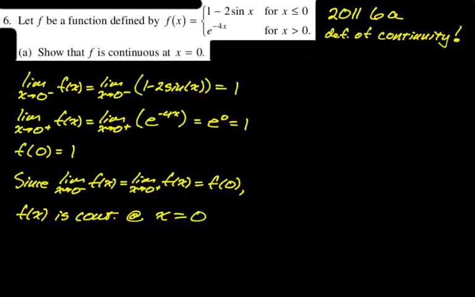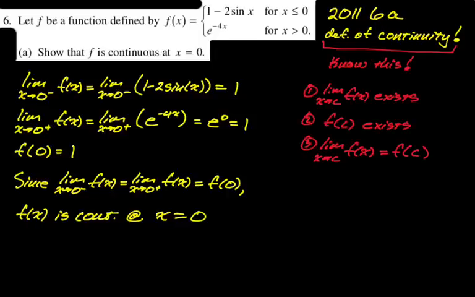So since the limit as x approaches 0 from the left of f of x equals the limit as x approaches 0 from the right of f of x, which means the limit exists, but we've covered that by saying this, equals f of 0, f of x is continuous at x equals 0. So this all came down to knowing the definition of continuity, and if you don't know it, you weren't going to be able to do it. So make sure you know this. These are little things where it doesn't come up a lot, so maybe you haven't thought of it in a little bit, but it could come up and it's worth it, especially if you're going for a high 5, right?